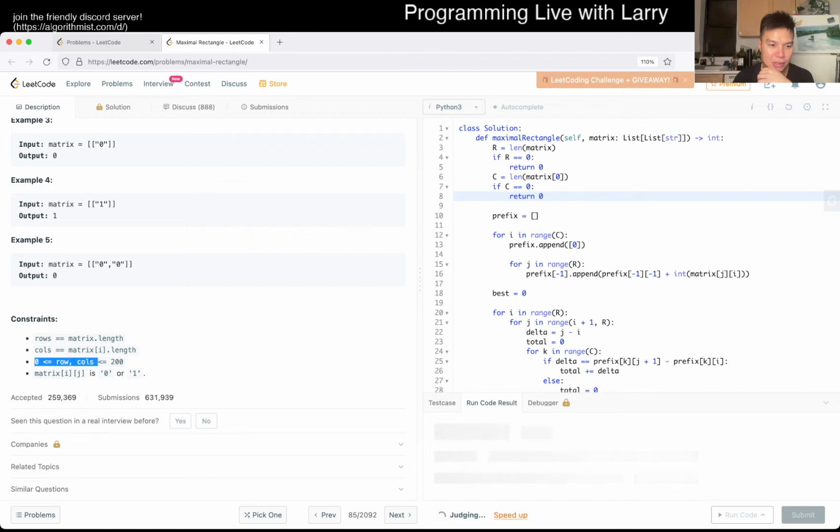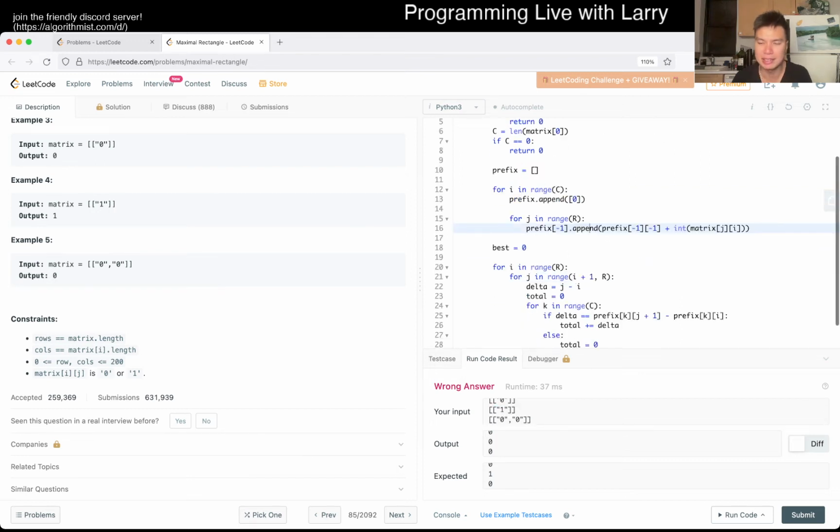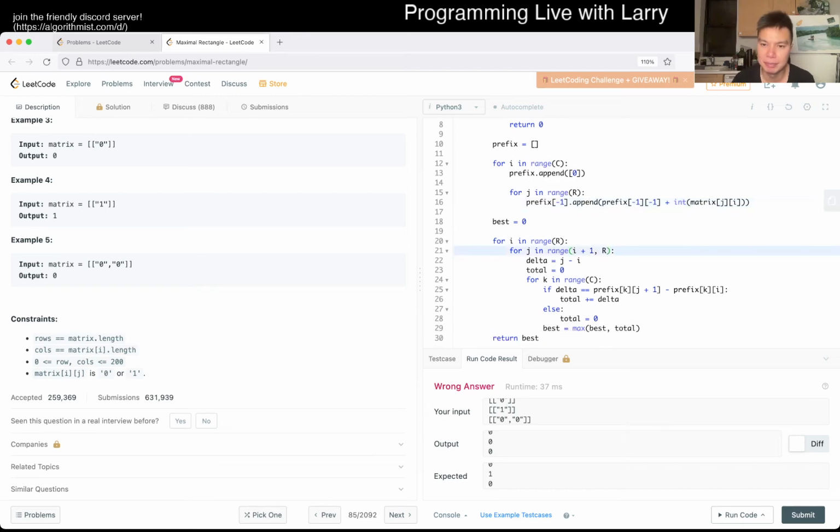Didn't really think that 0 would be an input, but okay, so I do get the wrong answer for this one. Dun, dun, dun. Oh, because I did I from, so this thing means that they cannot have, maybe I'm off by 1 here. So we're gonna do I and j inclusive, so okay, fine.